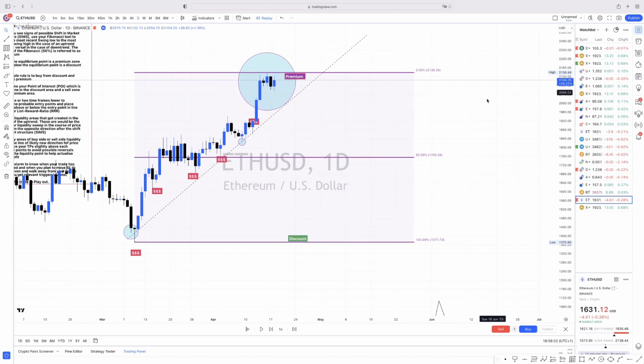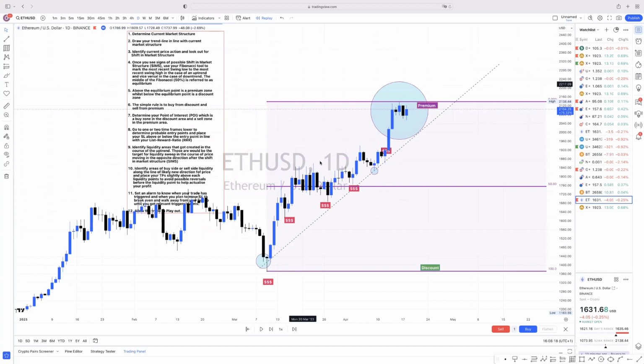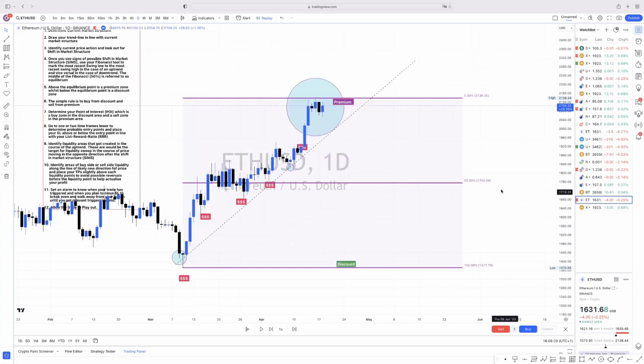Everybody has his or her own rule, so stick to your rule. But I would never take a buy trade from a premium zone whenever I've identified a starting point and an exhaustion point, and I've used my Fibonacci to mark the areas I want to demarcate, so that I can see where the premium area is and I can see my trend line here.